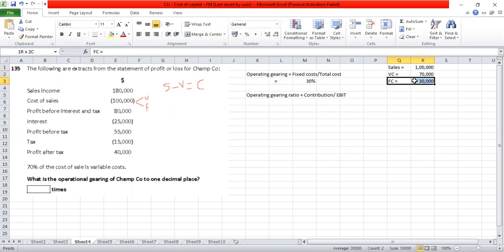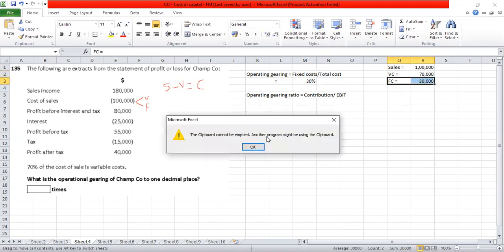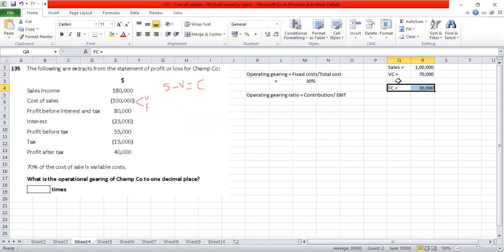Then sales minus variable cost is contribution. Ma'am, sales is 180,000. I know, I realized it just now.